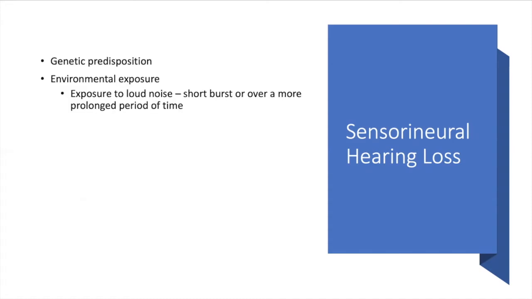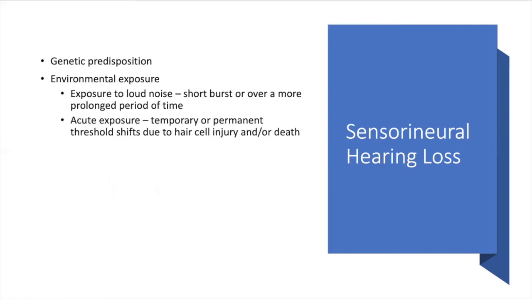Exposure to loud noise, either a short burst or over a more prolonged period of time, can lead to noise-induced hearing loss. Acute exposure to noise can lead to either temporary or permanent threshold shifts depending on the intensity and duration of sound, due to hair cell injury and/or death. More recently, loud noise exposure has also been associated with hidden hearing loss.